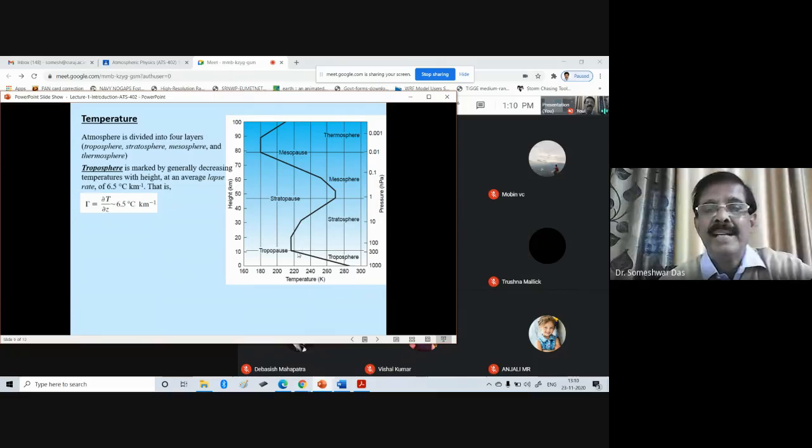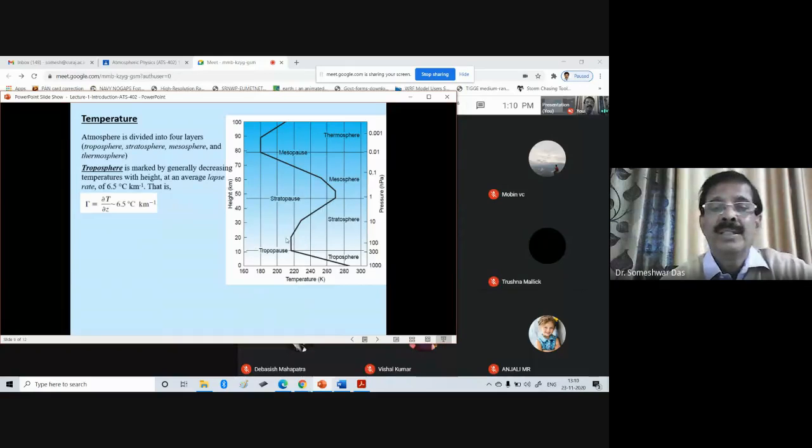So, as you can see, above the troposphere, in the stratosphere, the temperature starts increasing. That means there is a big inversion layer. The entire stratosphere is also called the ozonosphere, because the ozone is supposed to be maximum in this layer.